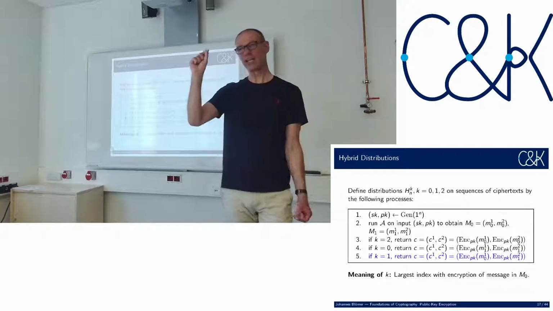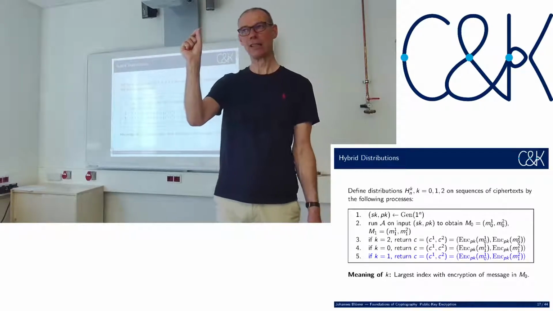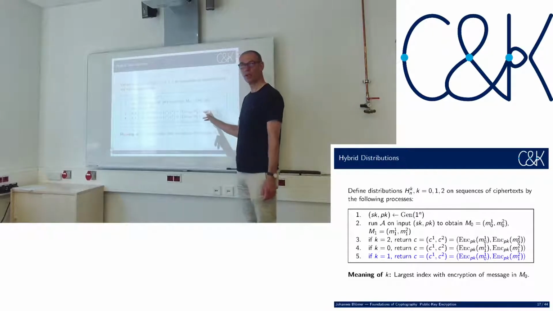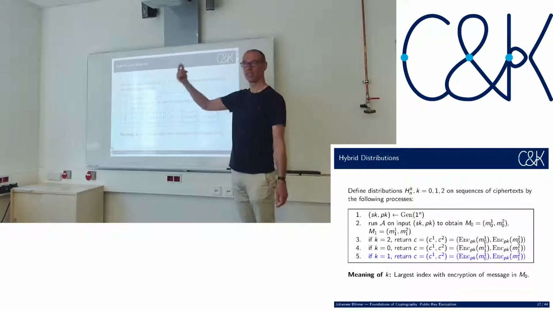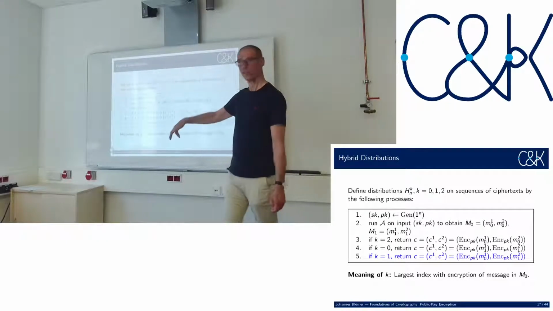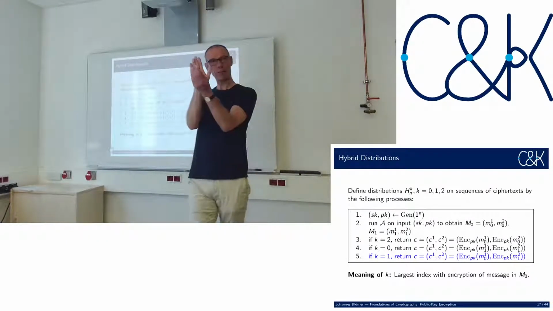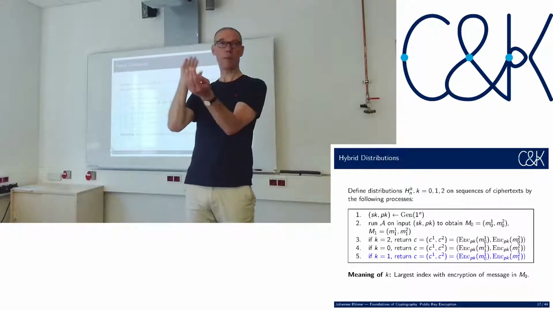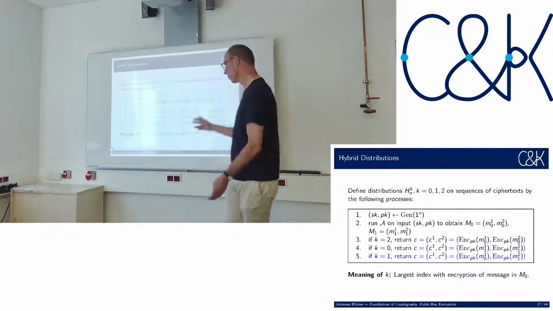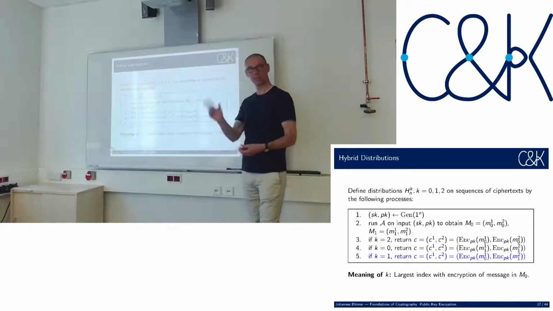The k is the last index where I put in this sequence an encryption of a message from capital M0. That's also true in the general case. Before that position, everything is from M0. After that position, everything is from M1. And this determines the position where the switch occurs.